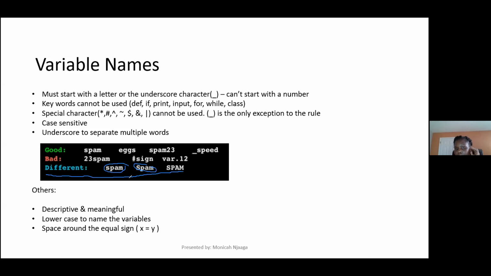So SPAM, all small letters, and SPAM with S as a capital, and all caps SPAM, those are three different variables. So with case sensitivity, you want to check how you're naming your variables, and when you call your print function, you want to call it using the same name that you gave your variable.